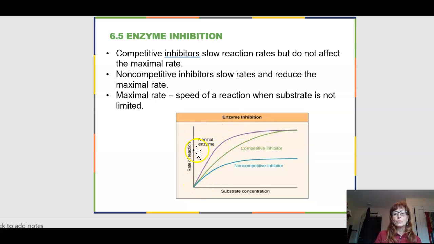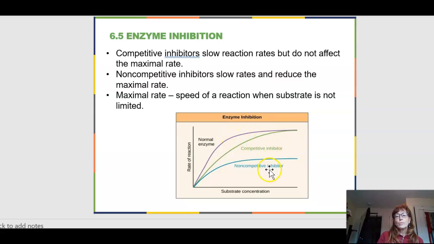Here's the rate of reaction, so the reaction rate is increasing here. And here it has to do with how much of the substrate is available, or substrate concentration. This would be its normal activity. At some point, the enzyme just can't act any faster, so you see that curve flattens out. That would be where the enzyme would be called saturated, meaning that there's not enough enzyme available for the amount of substrate. It can't go any faster.